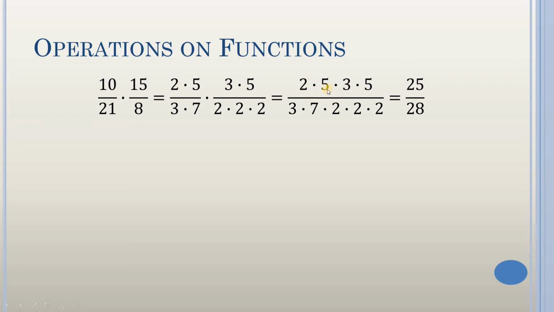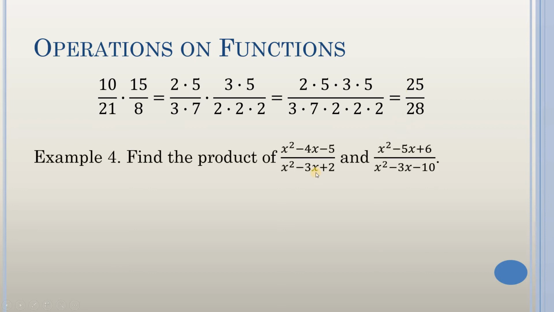So in the numerator, what remains is 5 and 5, and the product of 5 and 5 is 25. In the denominator, what remains is 7 times 2, 14, times 2, 28. So the final answer is 25 over 28.